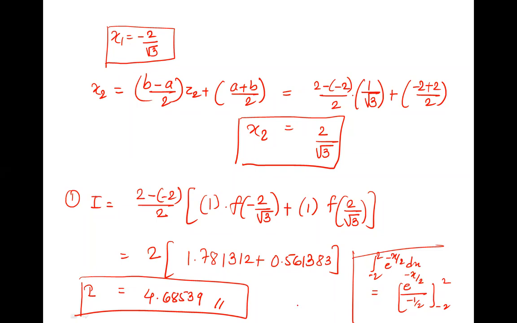That minus 2 will go up: minus 2 into e raised to minus x by 2. So for the upper limit 2, it will be minus 2 e raised to minus 1. Minus minus plus 2 into e raised to plus 1. Do this. It is 2e minus e raised to minus 1.